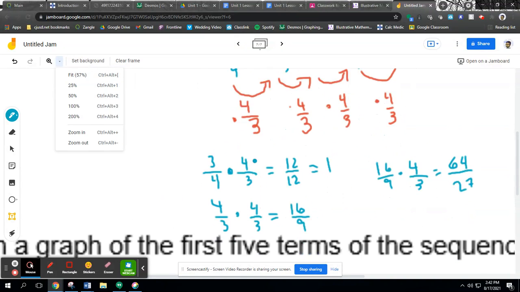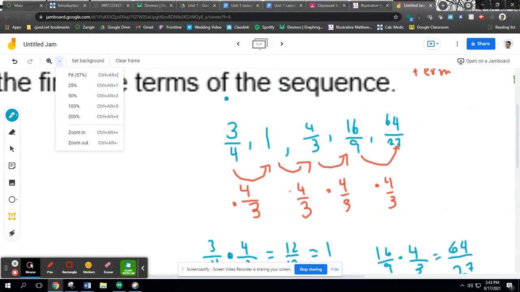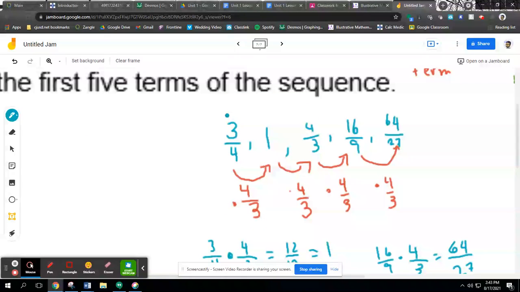Next part, we're going to need to graph them. It might be more helpful for you to turn these into decimals to graph them. So if you use a calculator, you'll see that 3/4 is equal to 0.75. Obviously, this stays as 1. 1 is just 1.0, but I don't need the 0.0. 4/3, if you use a calculator, you're going to get 1.3 repeating. 1 and 1/3, basically.